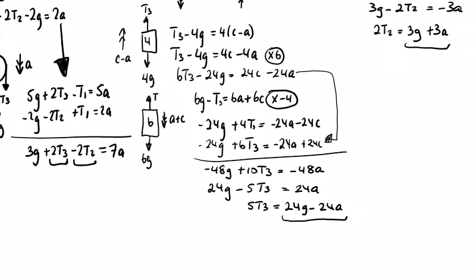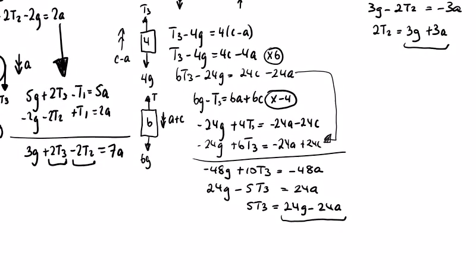So let's just bring them across here. We can see them all together. So we want 2t3. Well, I've got 5 of them here. And we want minus 2t2. So t3, let's just simplify that. If I divide by 5, it's 24g minus 24a over 5. So I can put that in and multiply it by 2.